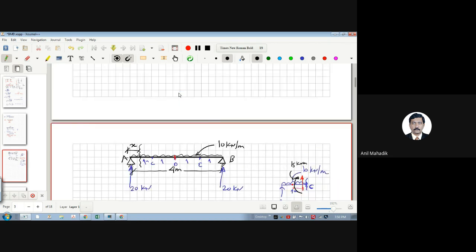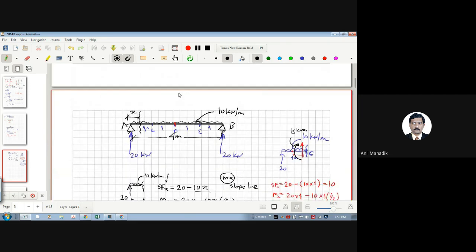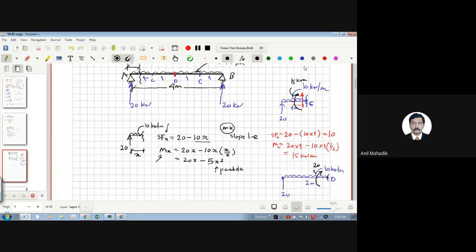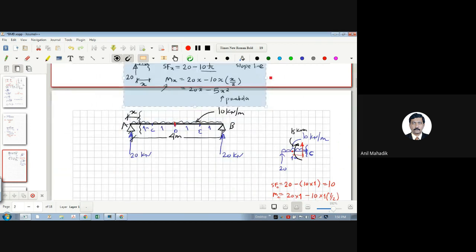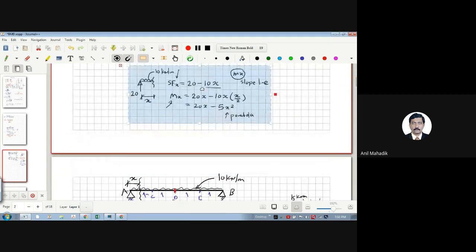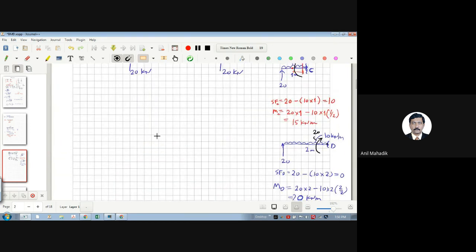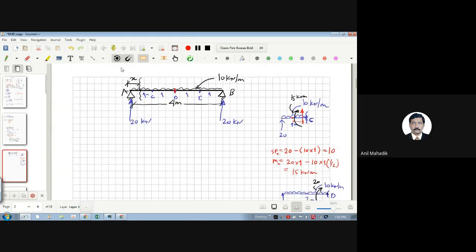Now the drawing we are going to make has to follow this. So let me move this a little. Now let's go to the bending moment. We can start with the shear force first.